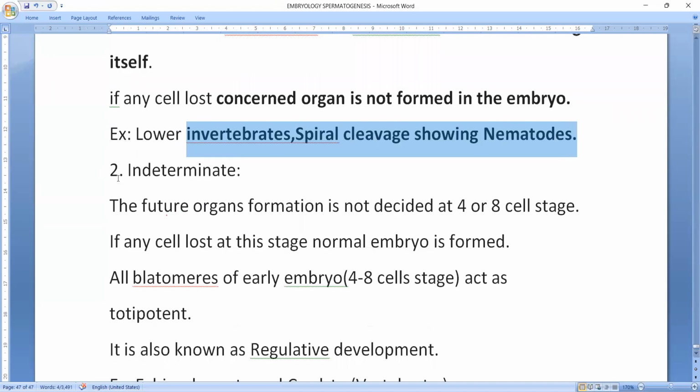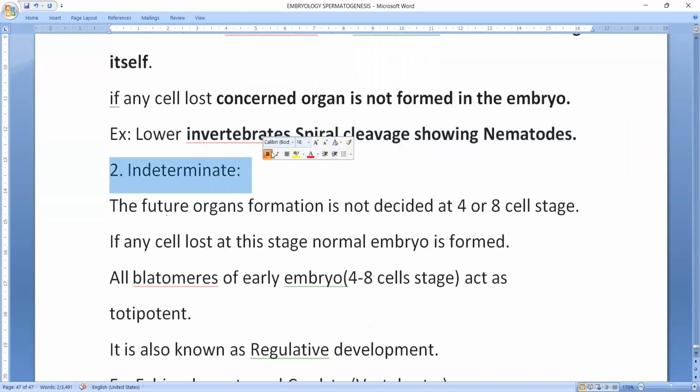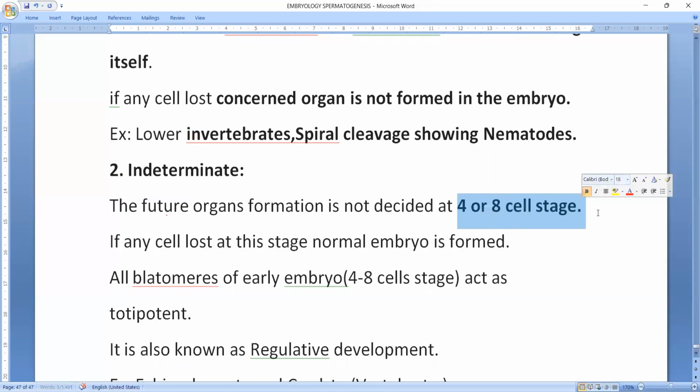The second one is indeterminate. Simple: the future organ formation is not decided at the 4 or 8 cell stage.